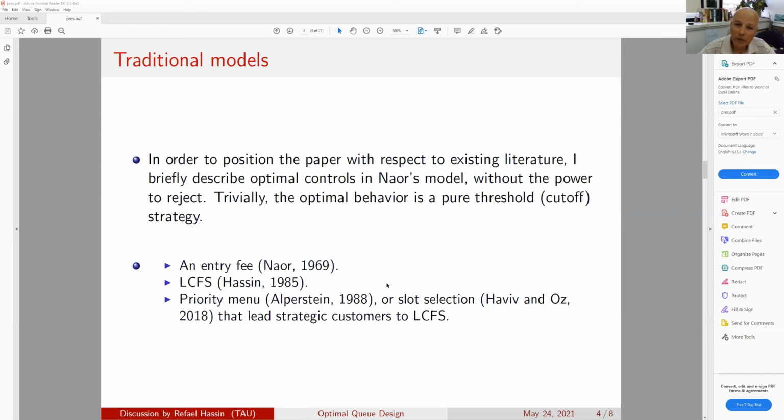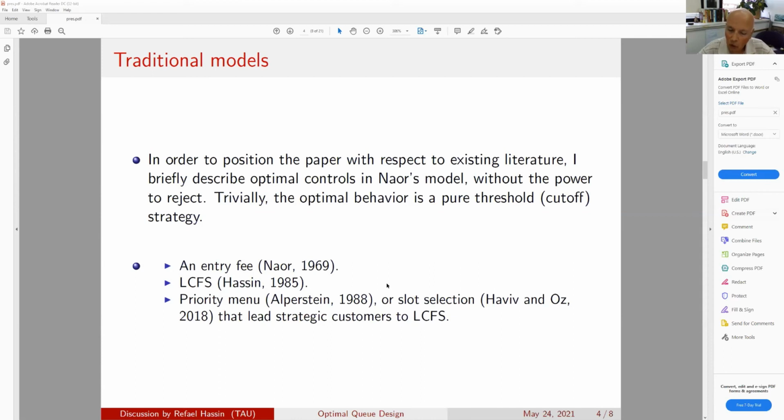The current paper tries not to use monetary means. In this case, it may be subsidies, not just taxes, but we're looking for other means to control the queue. So, as was mentioned, last come, first served. Again, it has a different meaning in general, but for a single server queue, it's the same. I once proposed last come, first served.